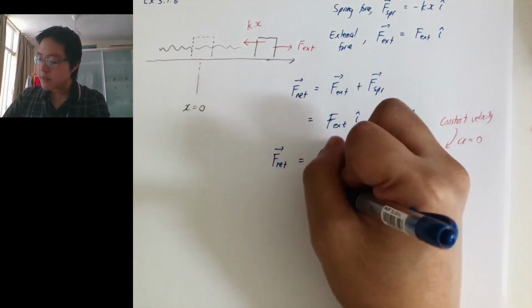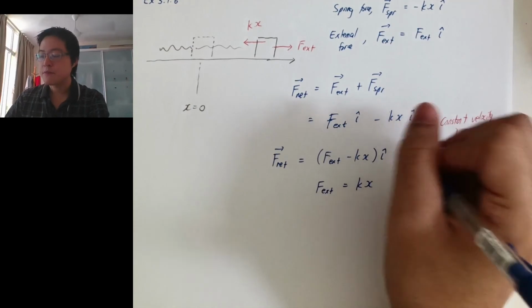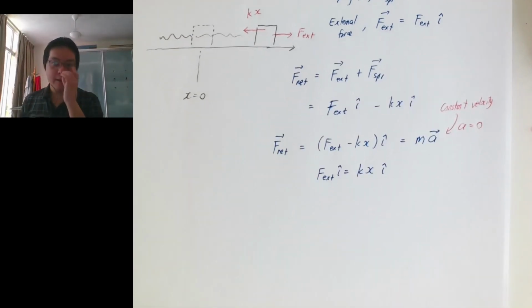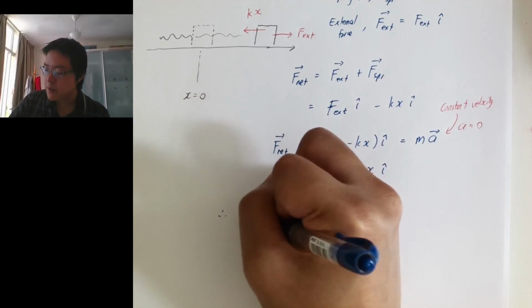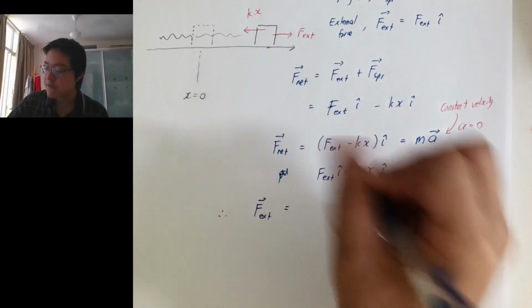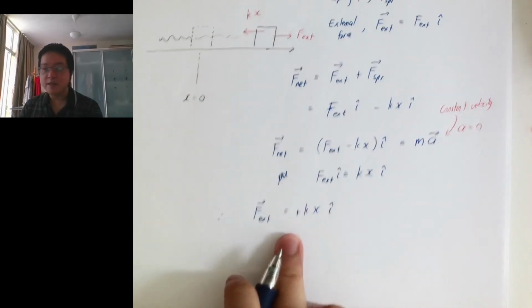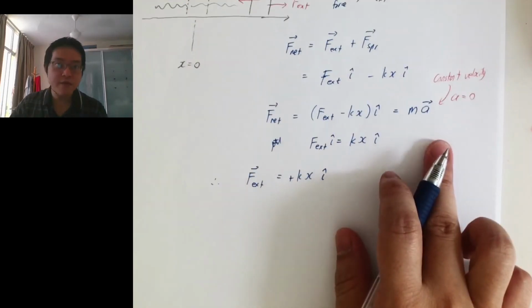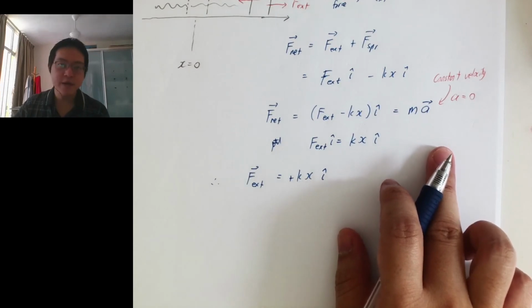Which is to say that my external force magnitude is equal to kx. Looking at the vectors, this is the i direction. Therefore I have derived the formula for my external force: kx in the i direction. It's constant velocity because it's perfectly cancelling out the spring force, so the mass is moving at constant velocity.